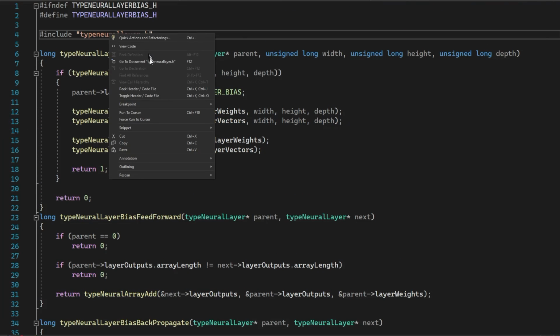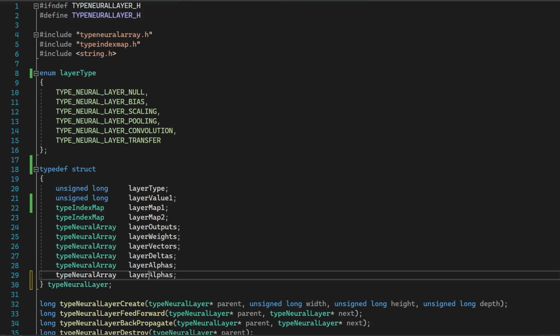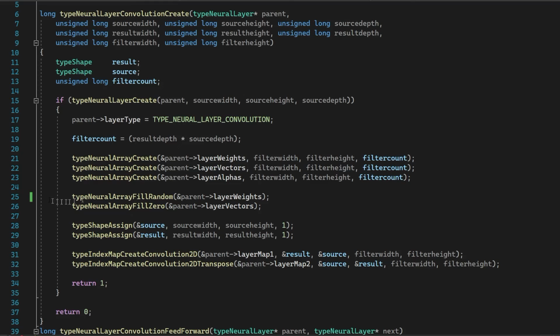Type neural layer. Alphas, gammas. We have deltas already, unlike betas, so let's just call it gammas. There's the gammas. So convolution has to create gammas, alphas, gammas.